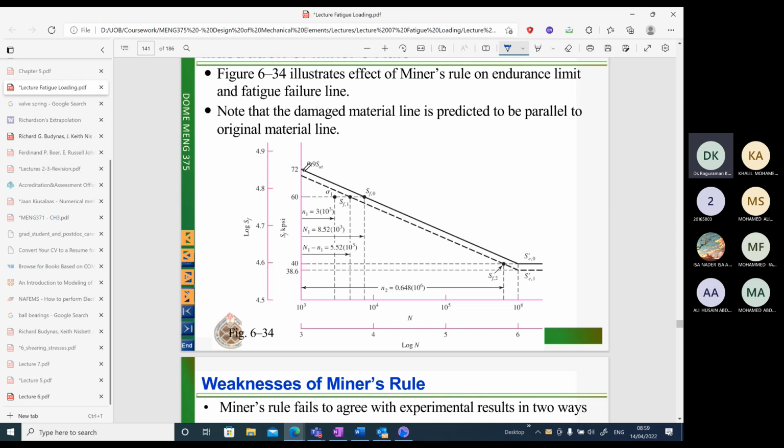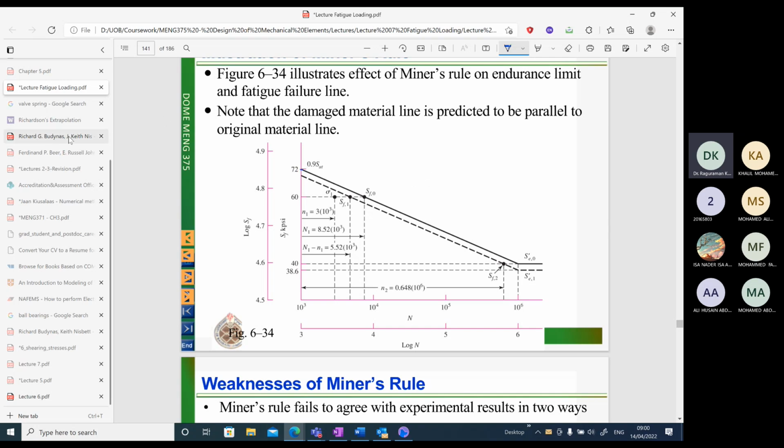In the experiments conducted, usually we will have the SN diagram. Usually we will have the SUT value here, right at the intercept given here.